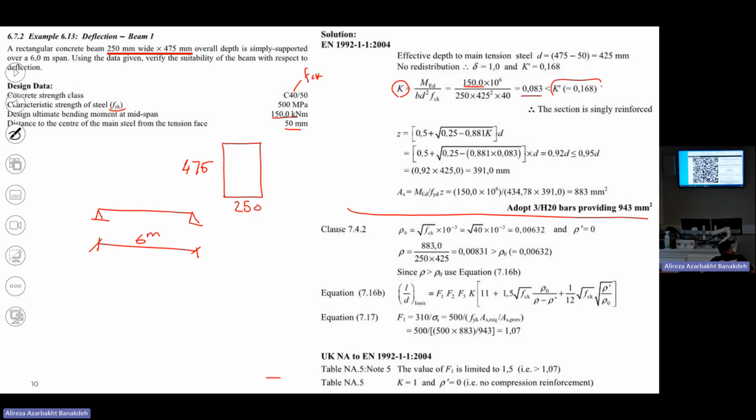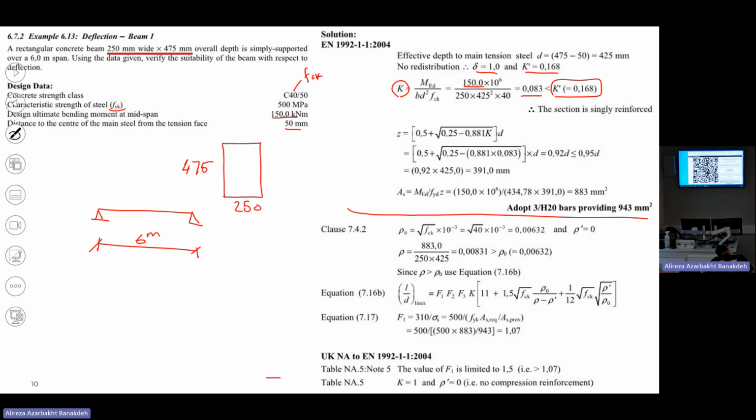We have K prime from that table, which in the case of normal distribution, K prime is 0.168. And the main idea was to compare your K with K prime to see if your K is less than K prime, which is the case now.